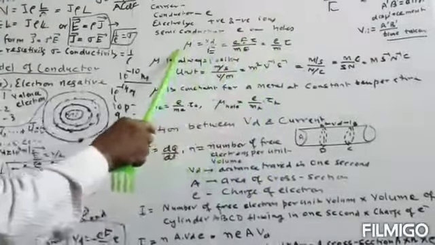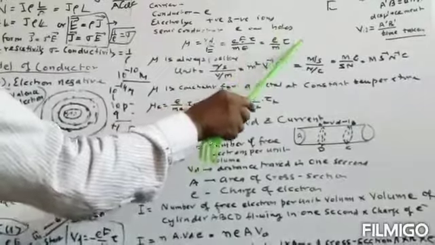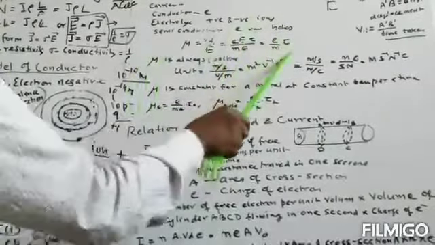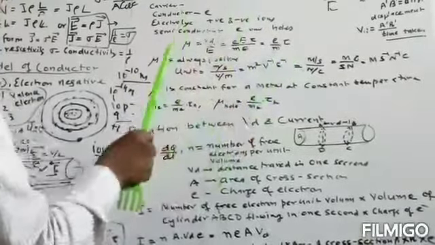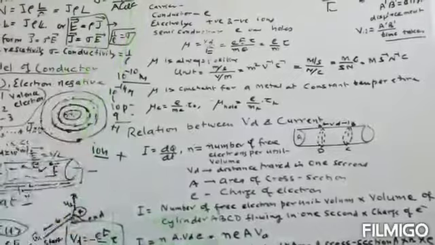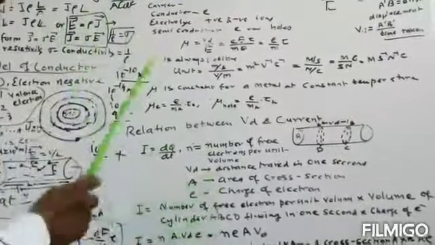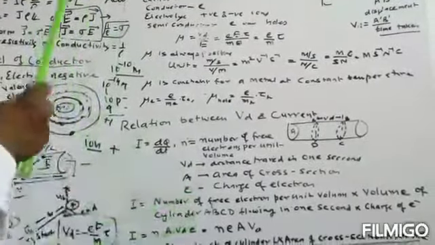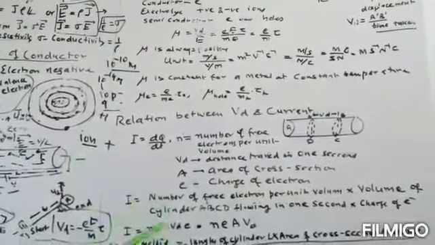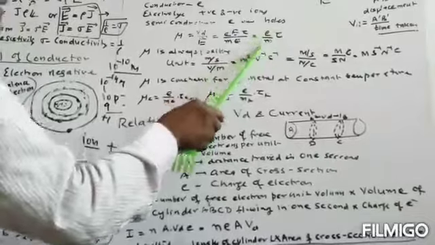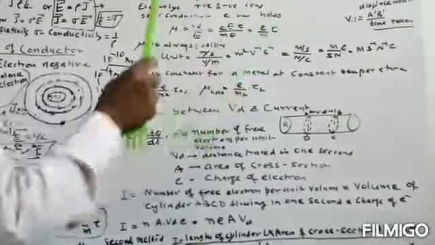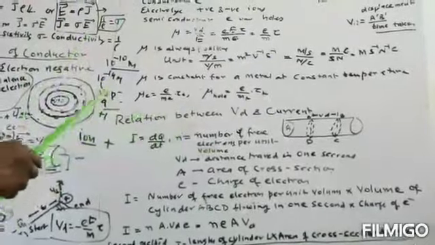So mobility is always a positive quantity. The mobility will be different for electron, different for hole, different for the positive ion and for the negative ion, because their mass is different and the relaxation time will also be different.